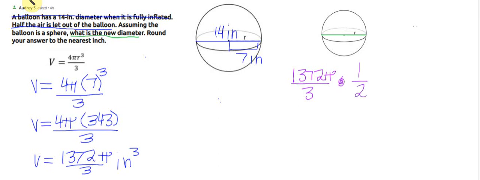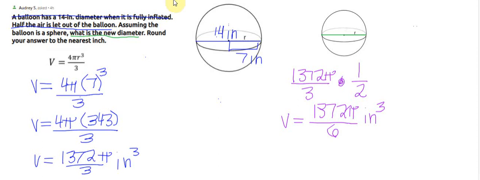So we'll just make it easy so we can avoid any messy decimals. And what we'll get here is 1372 pi divided by 6 inches cubed. So that is the volume of the smaller balloon after half of the air has been let out.